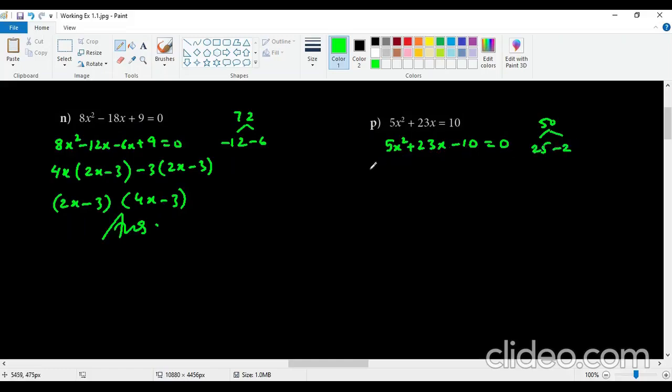So I will rewrite this equation into this form, minus 10 equals 0, and the middle part is going to be split into two parts, plus 25x and minus 2x, like this.